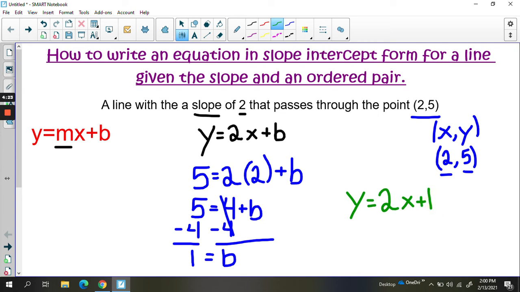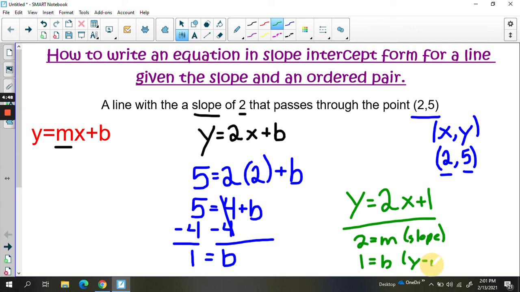So we now have the equation y = 2x + 1. And we know that 2 equals m, our slope, and that 1 equals b, our y-intercept.